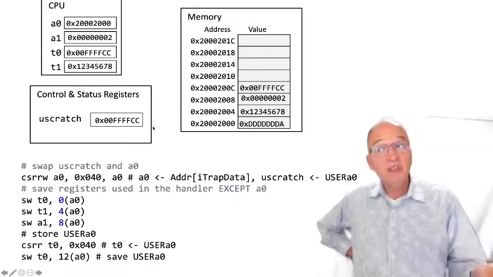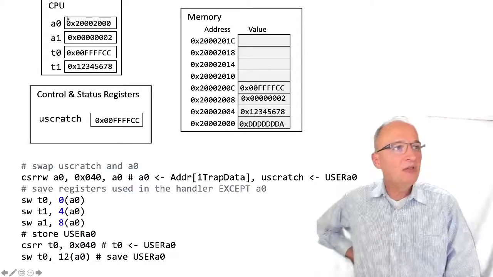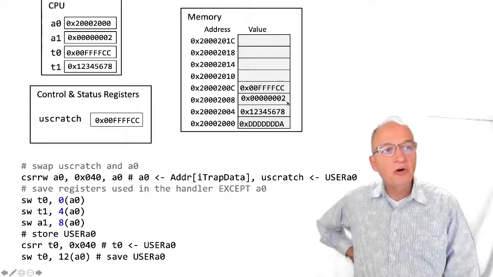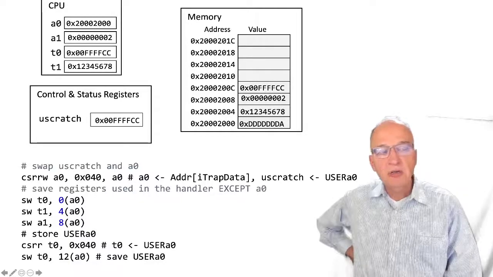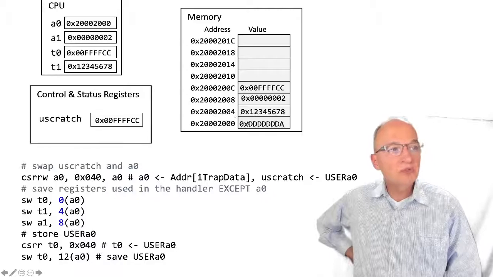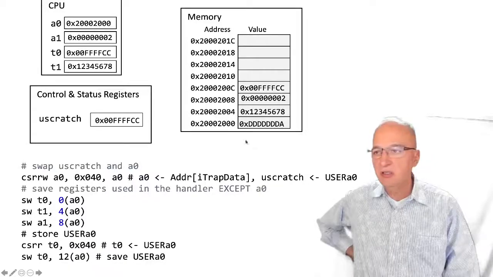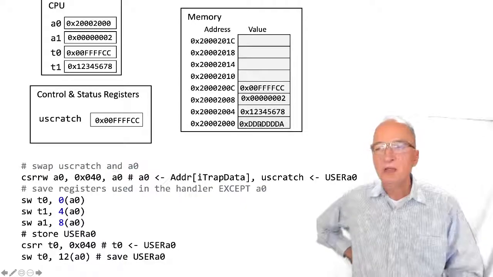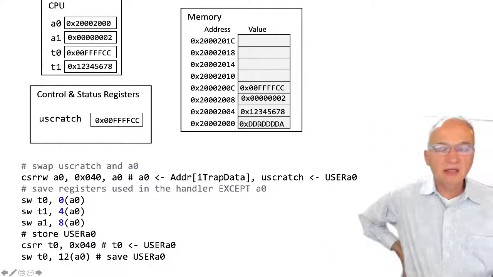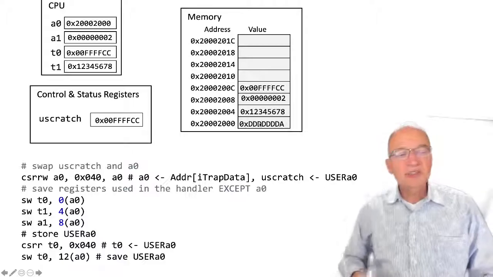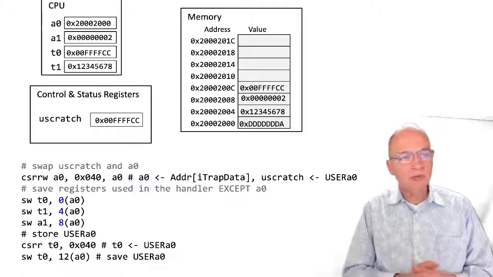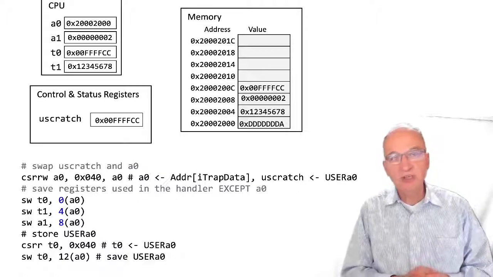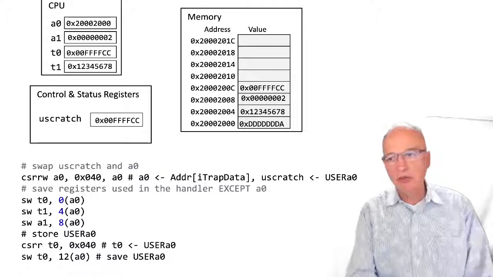And for this new exception that happened, I would be taking the values of A0, A1, T0, and T1, and I would be overwriting these values here because I only have one position for T0 in this data structure. All T0s always go in this position, no matter which exception I'm handling. That's why this is not a reentrant exception handler. I have to keep the exceptions disabled for this code to work correctly.